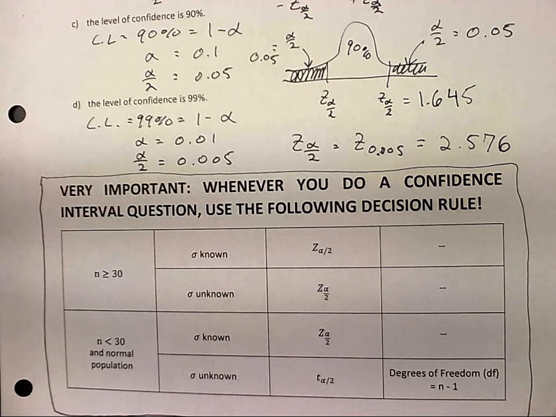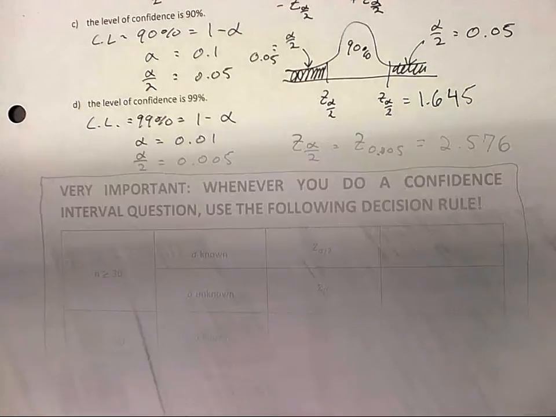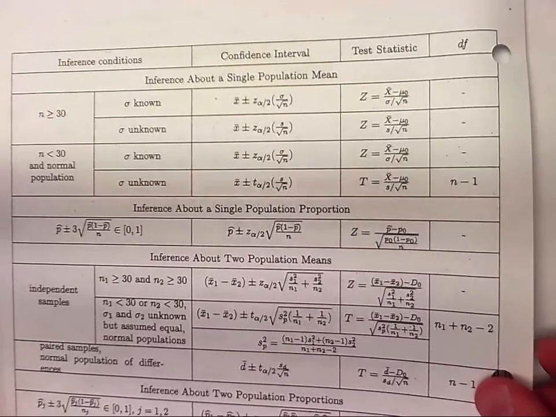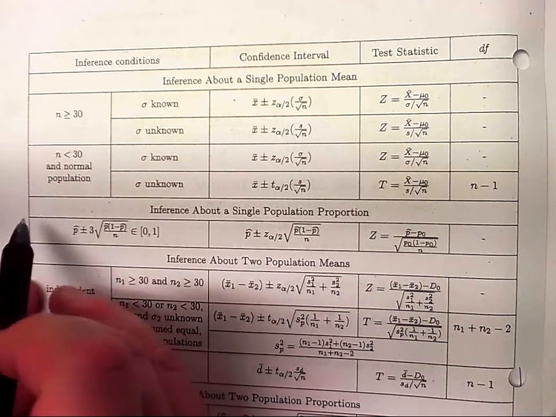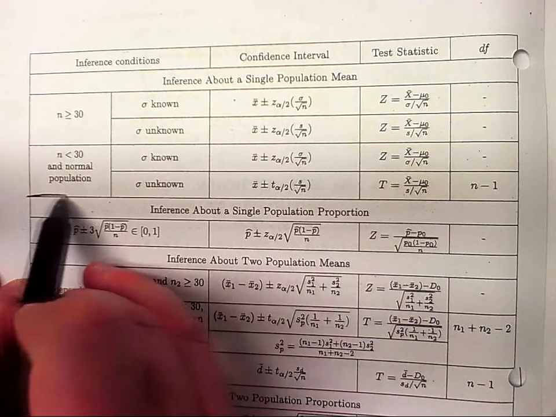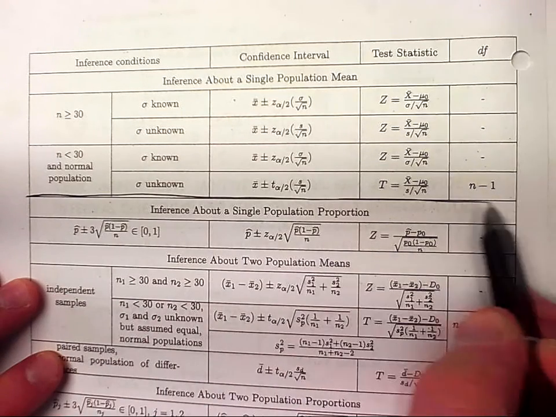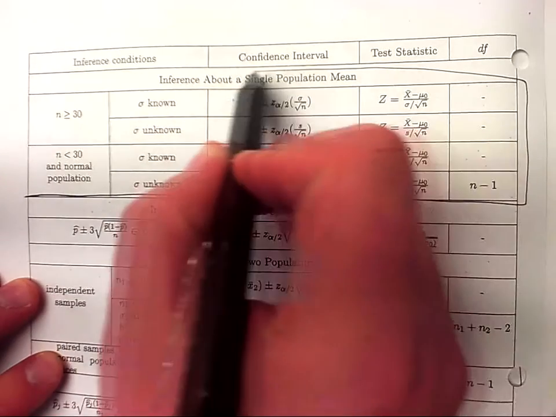All right, so I said I was woefully underprepared. However, at least I have a formula sheet with me. If you go to the back page of your formula sheet, what I introduced to you so far is essentially this stuff right here.